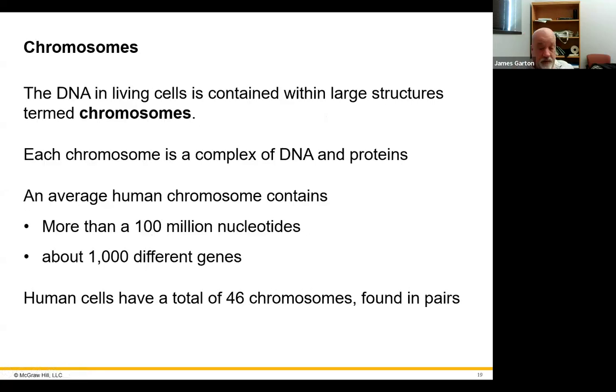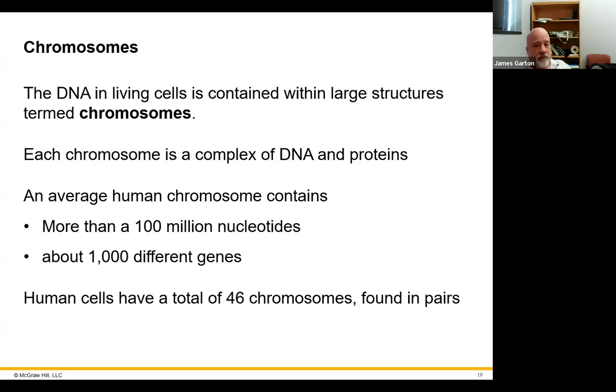Now, in living things, all of the DNA is organized into these big structures called chromosomes. And in bacteria, the chromosomes are small and they don't have to be compacted a lot.